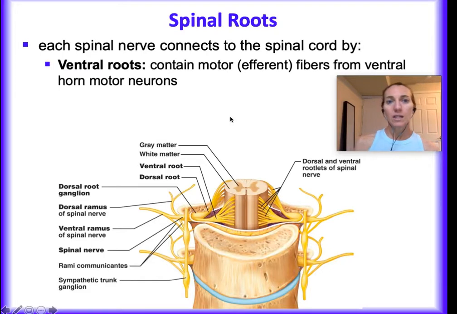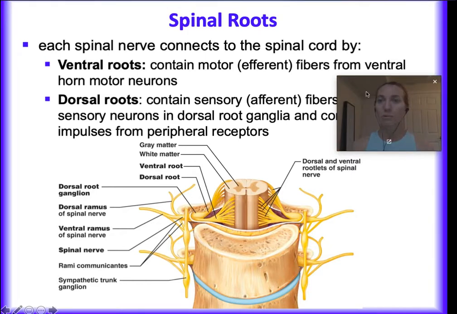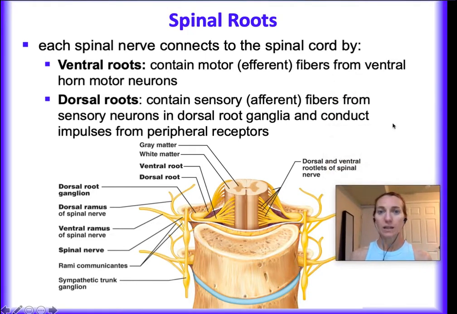So each and every spinal nerve in the body is going to connect to the spinal cord via spinal roots. So you have dorsal roots, you have ventral roots. And just as we saw before in another video, it's going to continue to be the case that the dorsal side of the spinal cord is going to carry or contain sensory information.